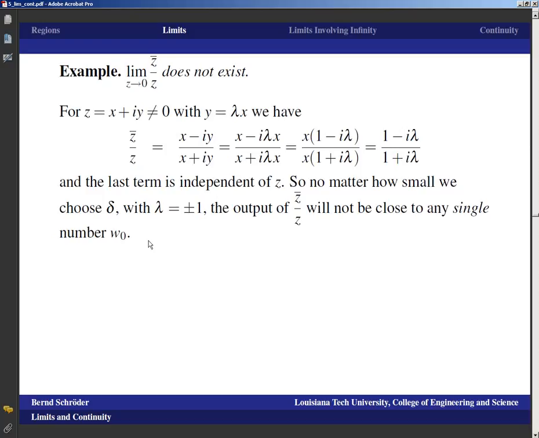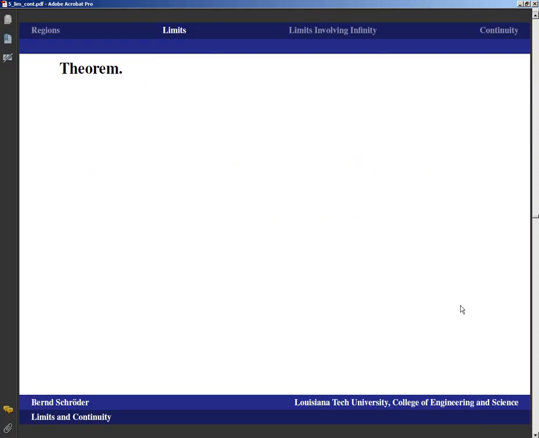And now let's remember that the epsilon had to be any number greater than 0, which means it doesn't matter if we think that these two outputs that I've just mentioned are close together or not. They're not closer together than any epsilon greater than 0, and that means that this function does not stabilize near the origin, and that means that the limit does not exist.